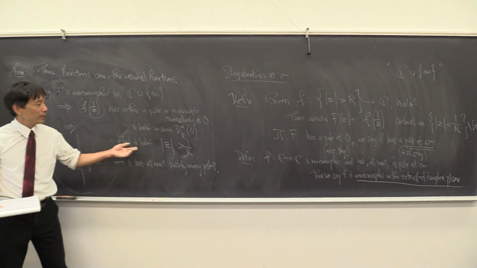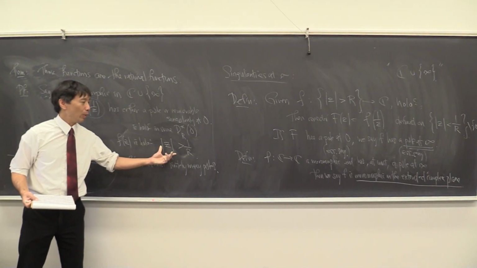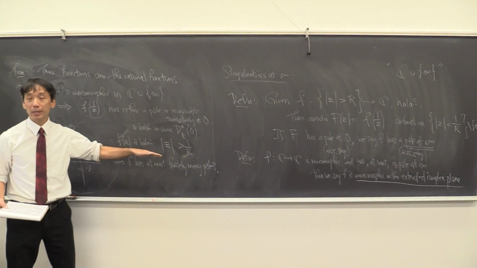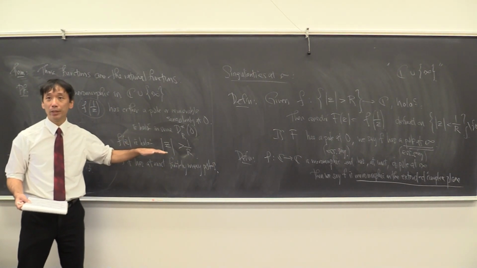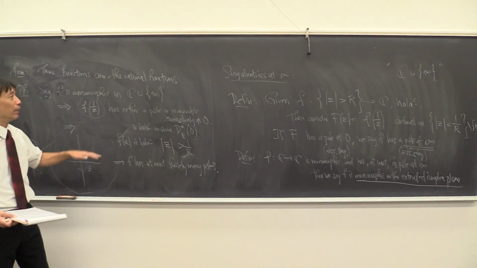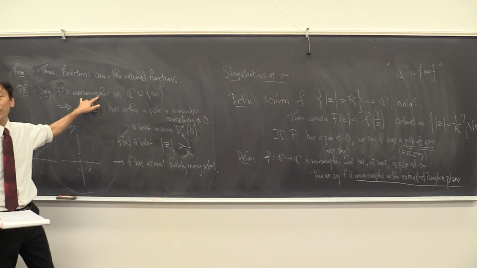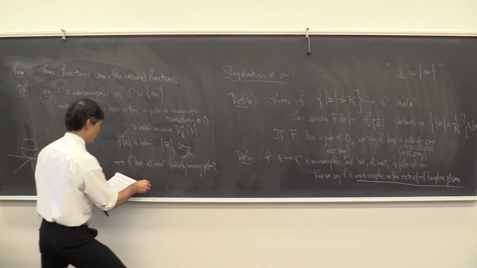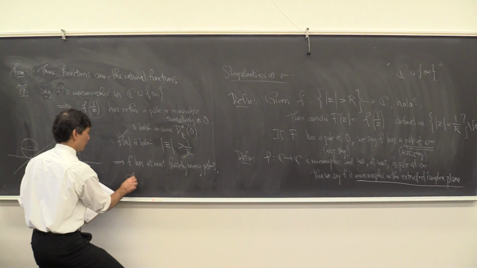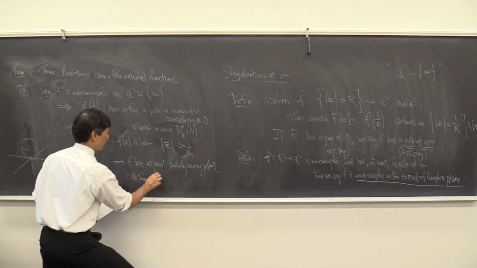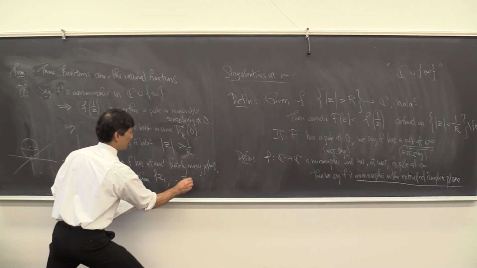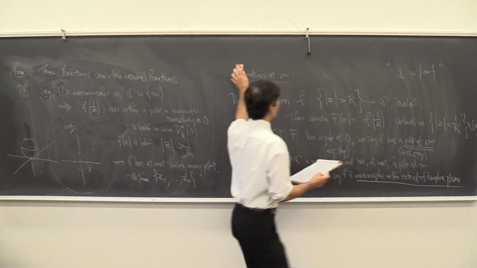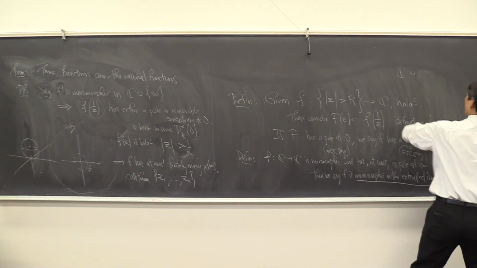Because if it had infinitely many poles inside of the 1 over r disk, then they would have an accumulation point, and that would not be a pole. That would violate the function being meromorphic. Okay. So let's call them z1 through zn, and one of them may be infinity.